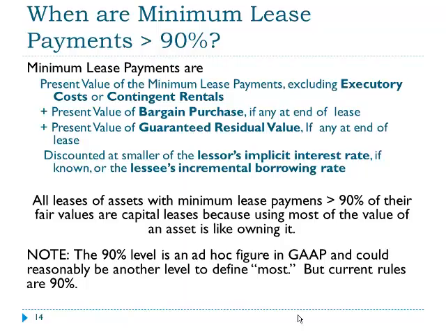For all leases of assets with minimum lease payments greater than 90% of their fair values, they're capital leases because using most of the value of an asset is like owning it. Note that the 90% level in this criteria is an ad hoc figure in GAAP and could reasonably be another level to define most, but the current rules are 90%.